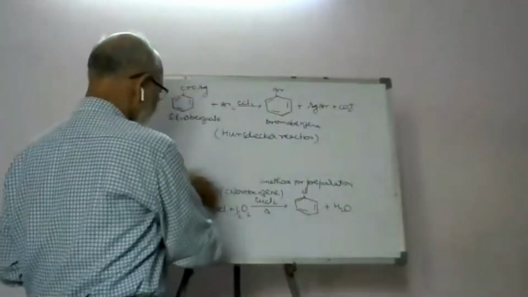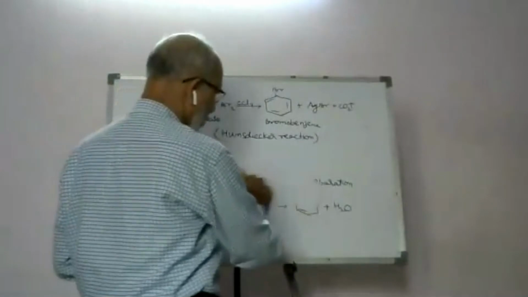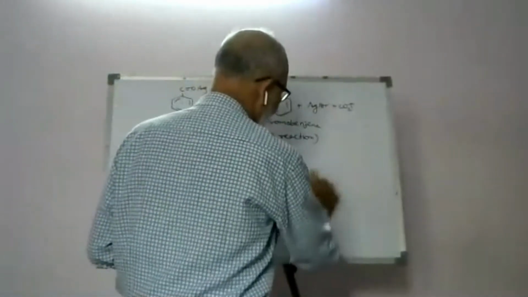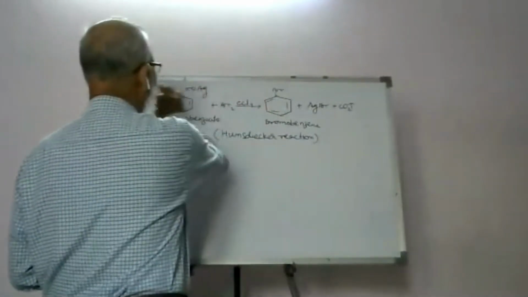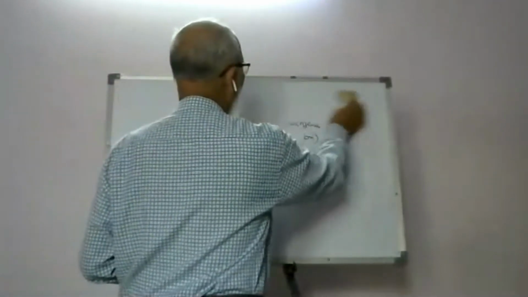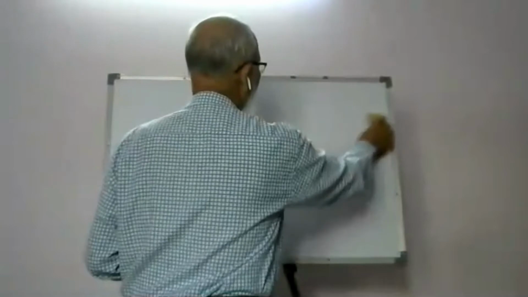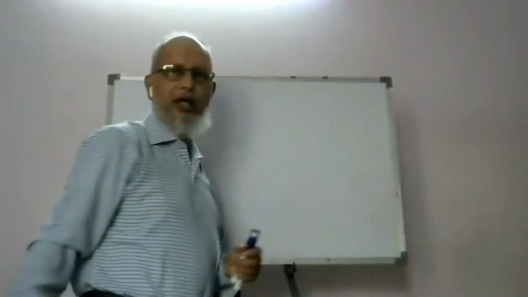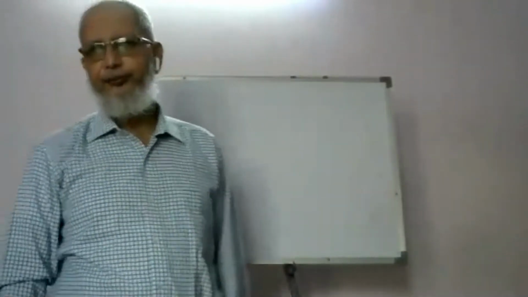Now the chemical reactions of chlorobenzene, alkyl halides and aryl halides, that is haloalkanes and haloarenes, are very much similar to each other, like those of the alkyl halides or the haloalkanes.